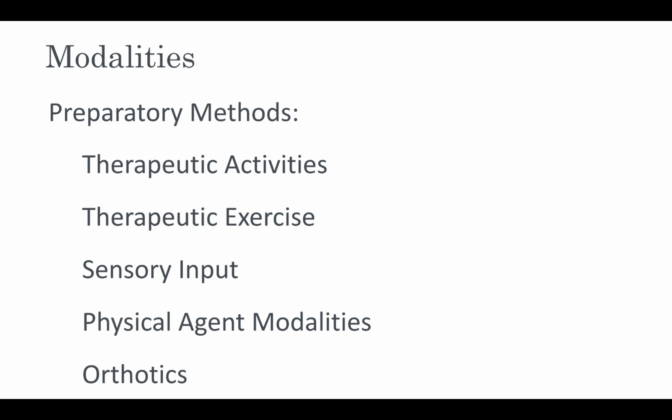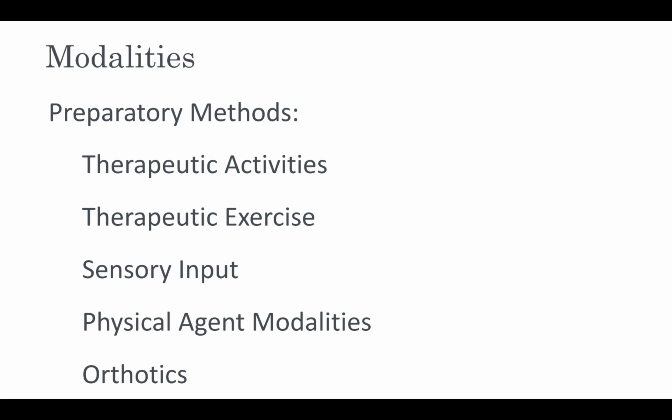You might find that an individual that had a total hip replacement, you're going to teach them arm exercises so that they can use a walker safely so that they can get from one place to another. Those are preparatory methods. You might be working with a young child that can't sit still in their classroom, and they need some physical input in order for them to be able to organize their body and sit still. That is also a preparatory method.